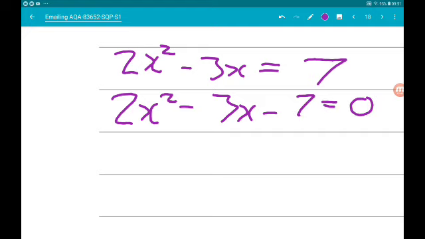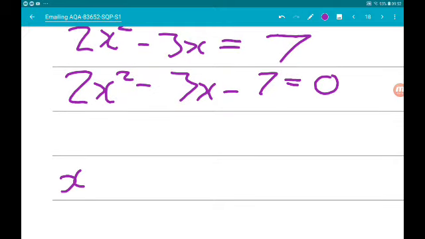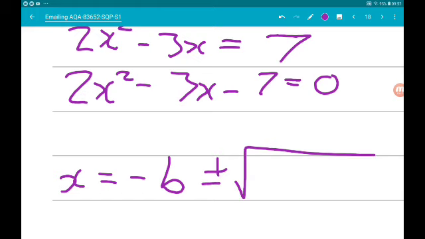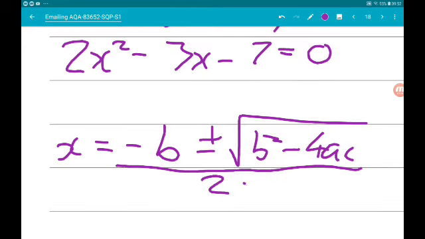Now this is a pretty horrible looking quadratic. There is a clue in the question as to what we need to do now. It said give our answer to 3 sig figs. That's basically telling us this can't be factorised, so use the quadratic formula, which is x equals minus b plus or minus root b squared minus 4ac all over 2a.